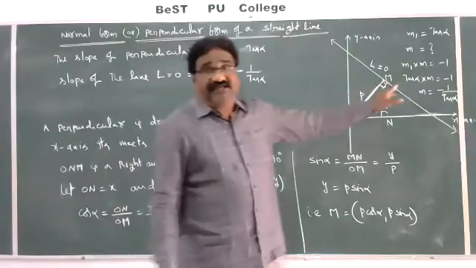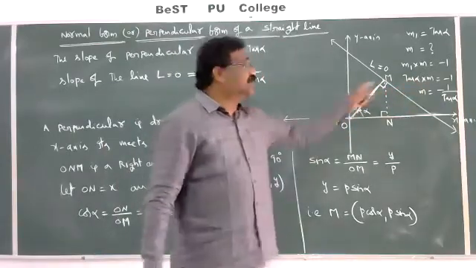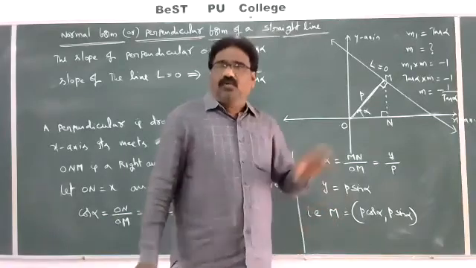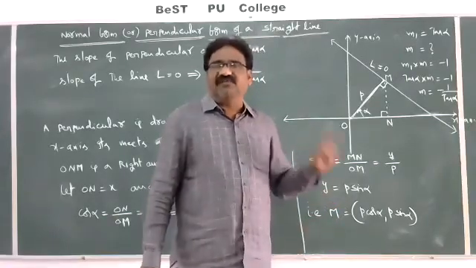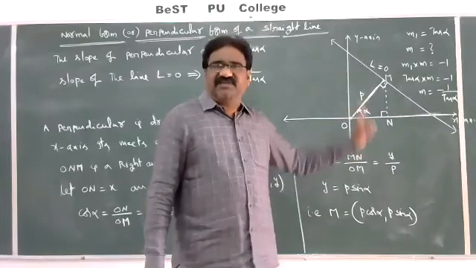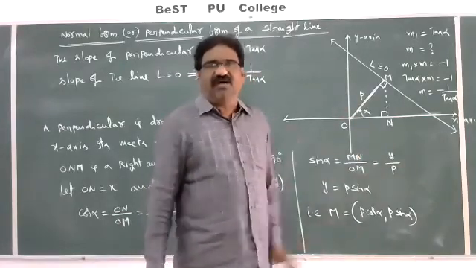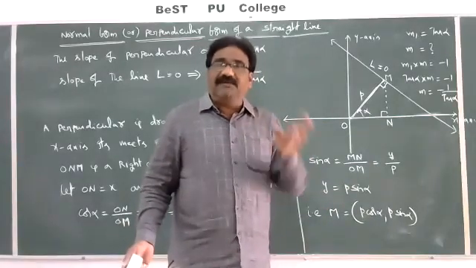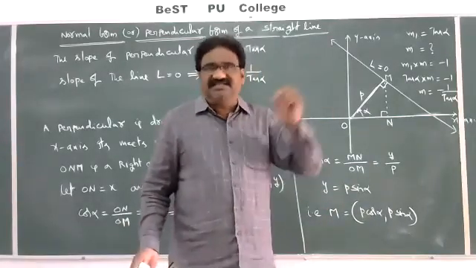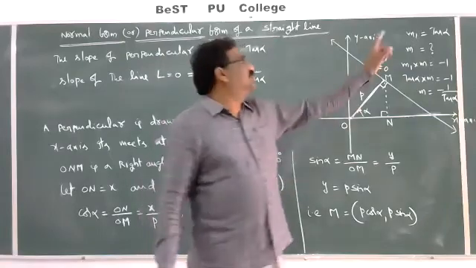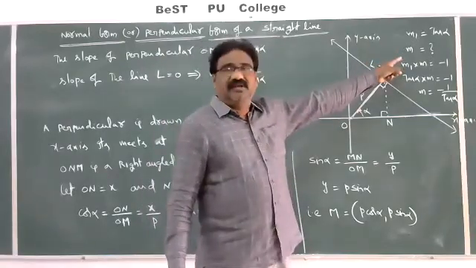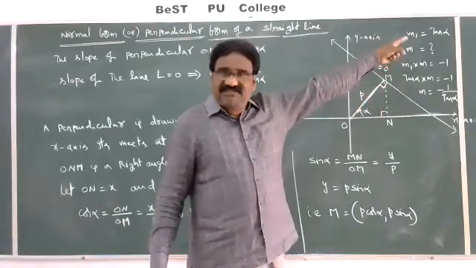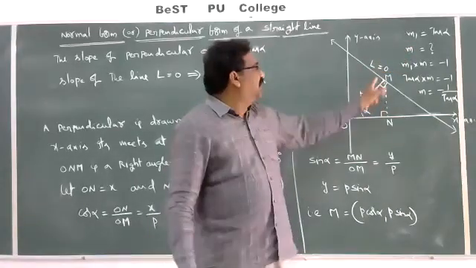You understood my point? Here, OM slope we know. We know OM slope is tan alpha. Why? OM makes an inclination alpha with x-axis. That's why OM slope is tan alpha. L slope we don't know. But L and OM are perpendicular to each other. Let us consider L slope is small m and OM slope is m1, that is equal to tan alpha. So both are perpendicular.